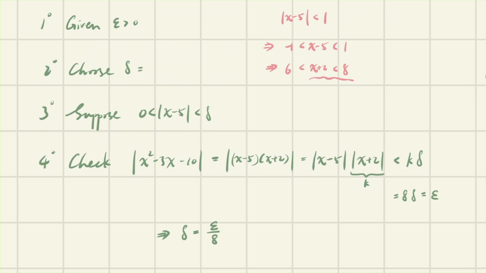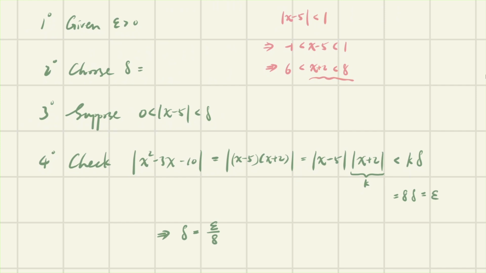So for this part, whatever k we choose depends on the range we chose, that x minus 5 is between -1 and 1. Therefore we get a corresponding k value that we can use. Now, choosing 1 here doesn't mean that delta equals 1, right?